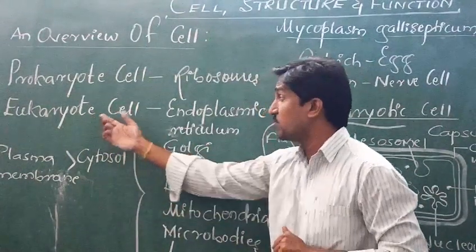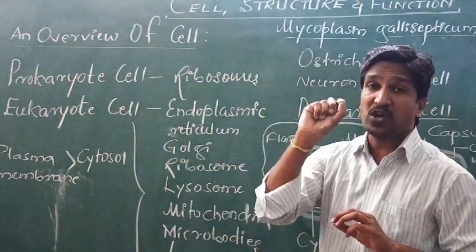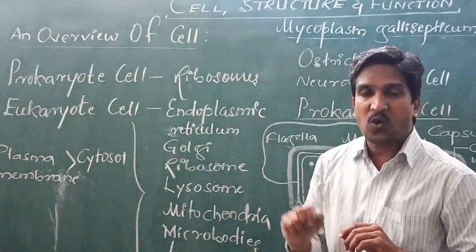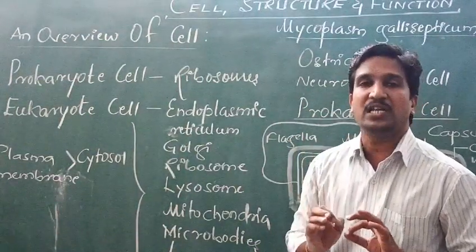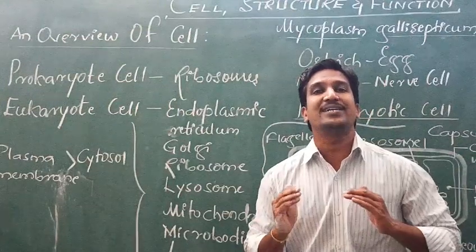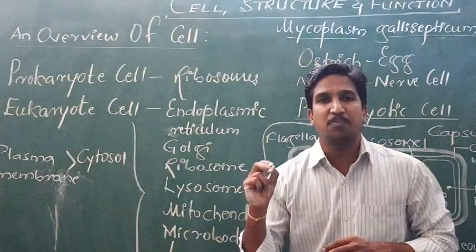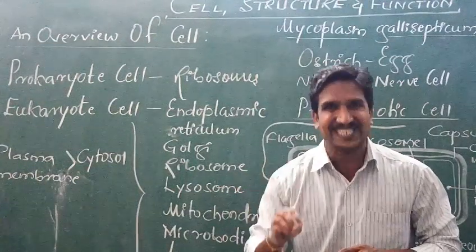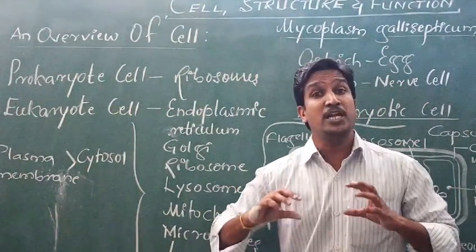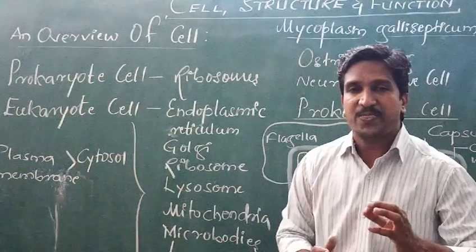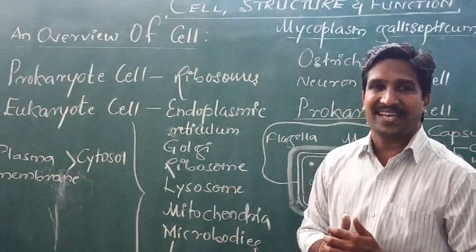These eukaryotic cells contain small parts, biologically called organelles. The smaller parts present inside the cell which perform individual functions are called cell organelles.